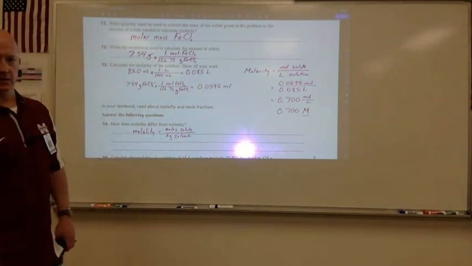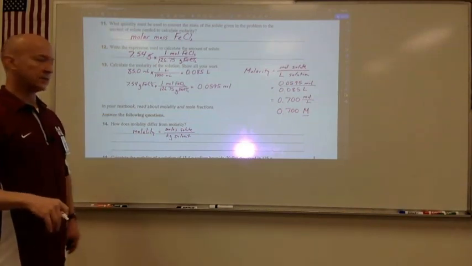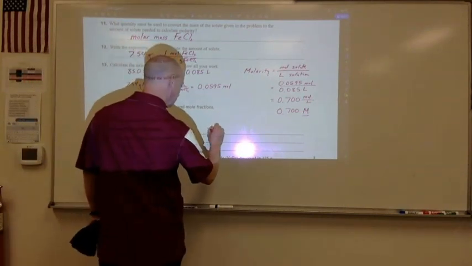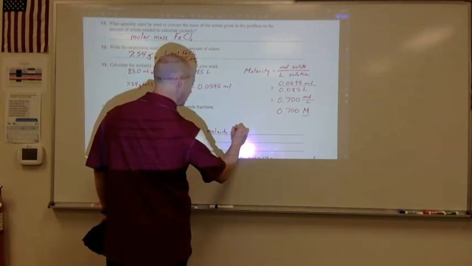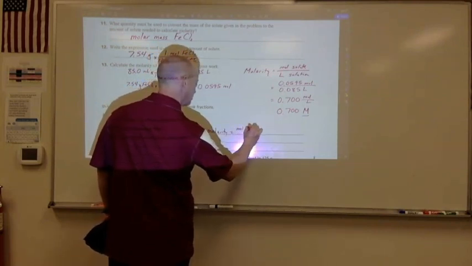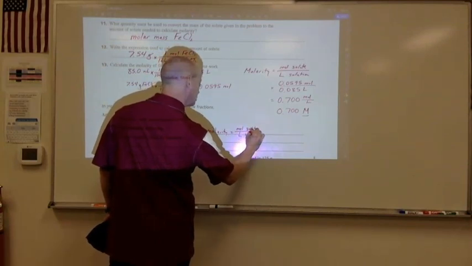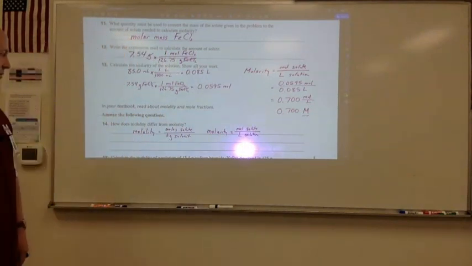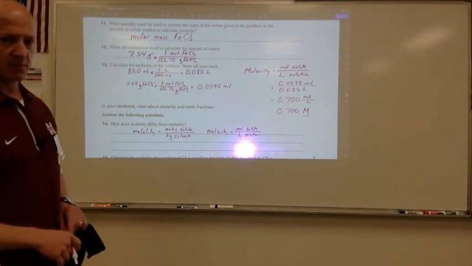So you're taking the two parts of the solution and comparing them, instead of one part compared to the whole solution. Molarity, of course, is moles of solute per liter of solution. Molality, moles of solute per kilogram of solvent. Molarity, moles of solute per liter of solution. Time to move the page.